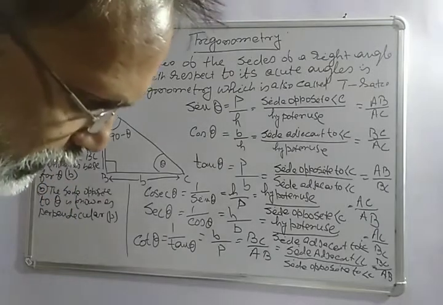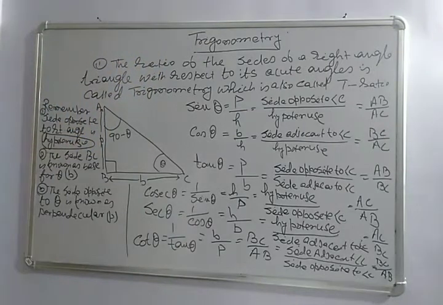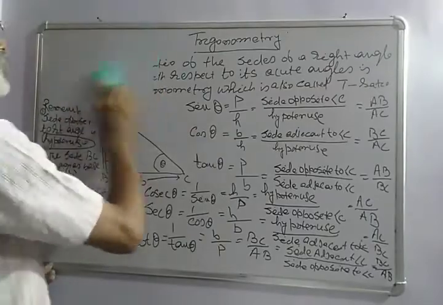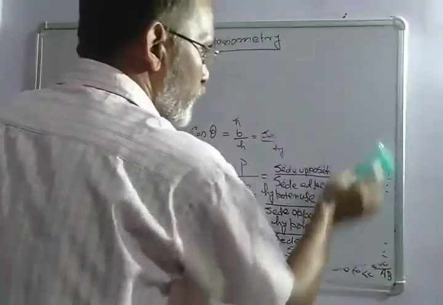So these are all the formulas for the 6 ratios in trigonometry. Now I am going to tell you a very valuable trick to remember all this.